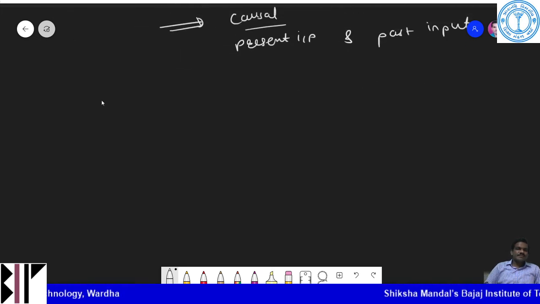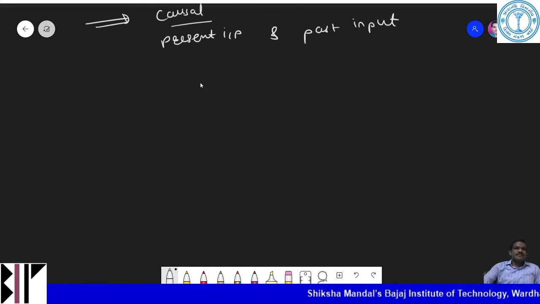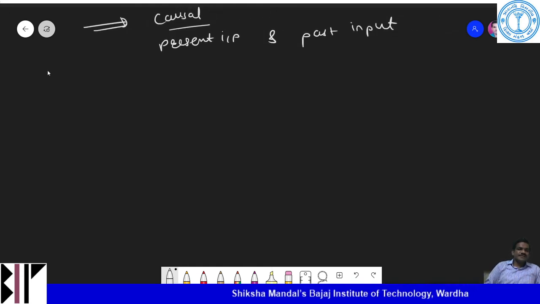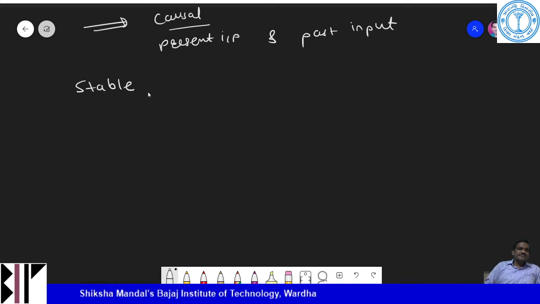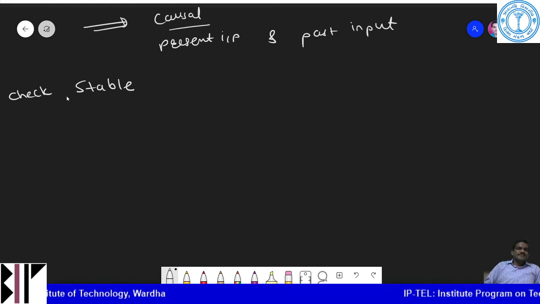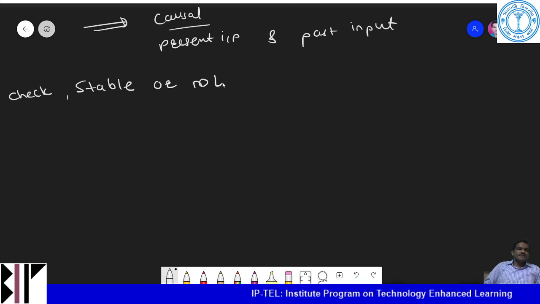Now let us take another problem. Let us go for the stability criteria: check whether the systems are stable or not.